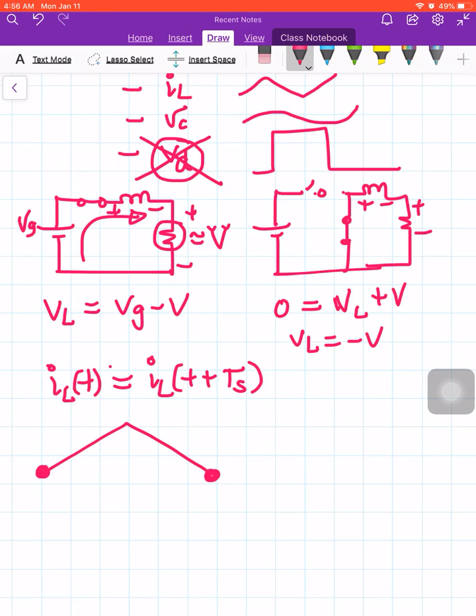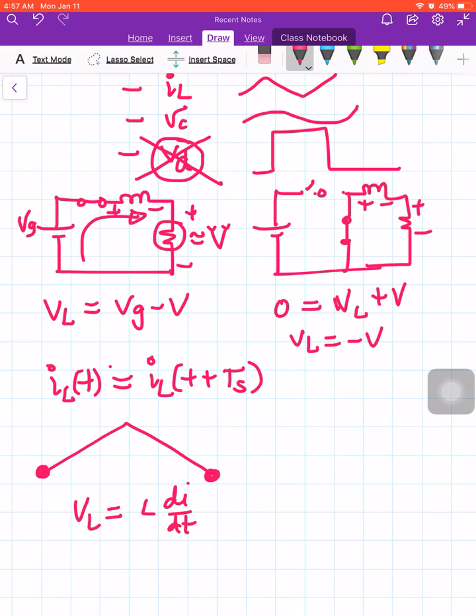So if we extend that idea further, we'll just try to write the voltage equation across the inductor: VL is equal to L di by dt.